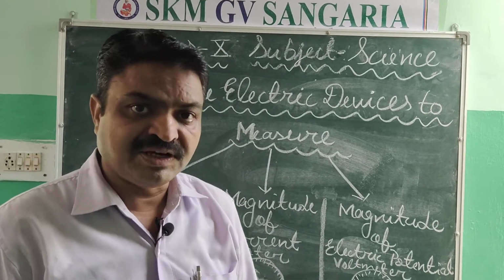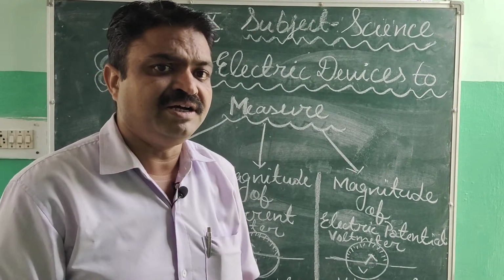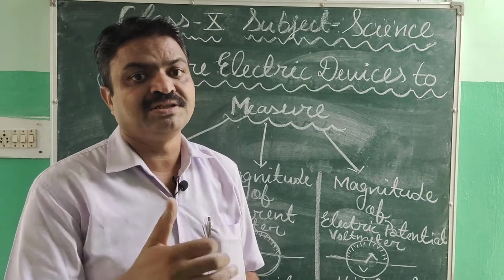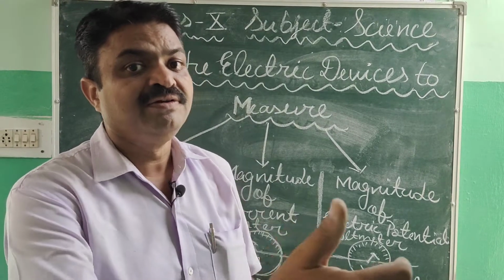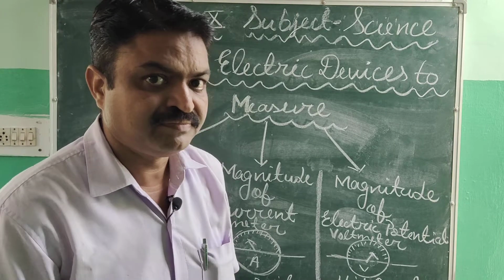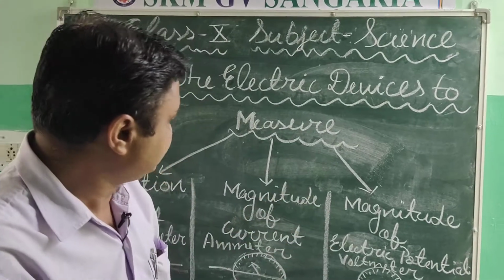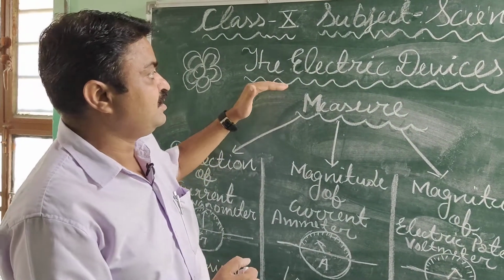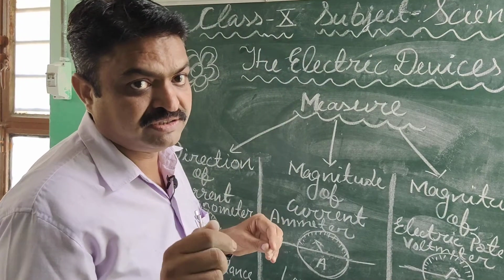First, we will start with the electrical devices that are used to measure a particular physical quantity and its direction. There are different types of electrical devices.